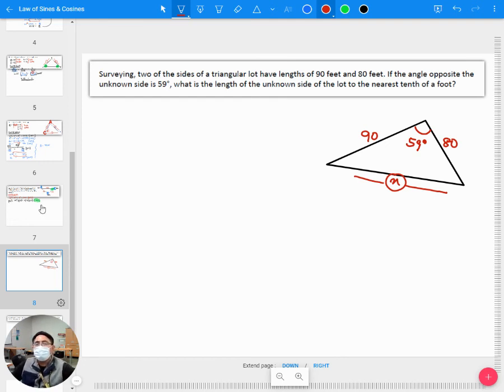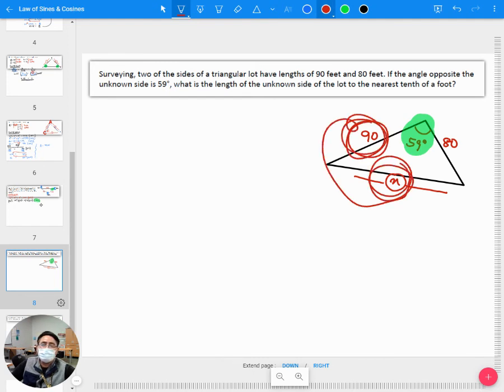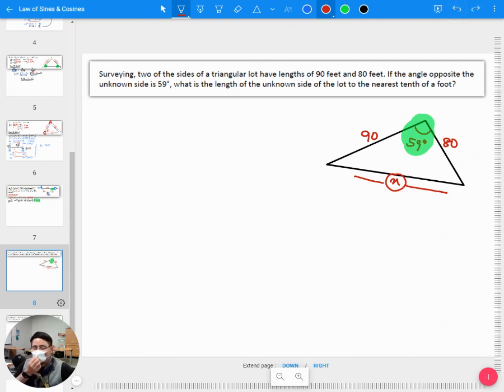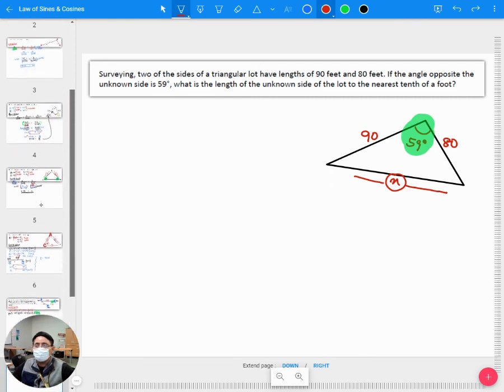So here, if you observe carefully, we know one angle and you have to find one of the sides. I see that three sides and one angle are involved in this problem.